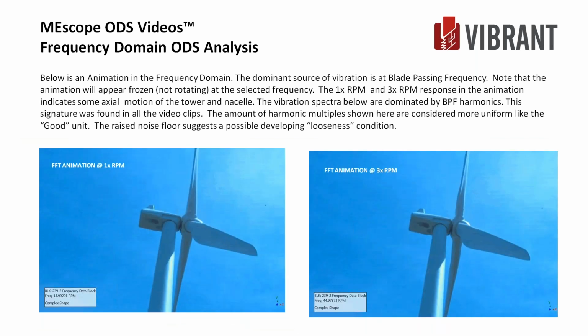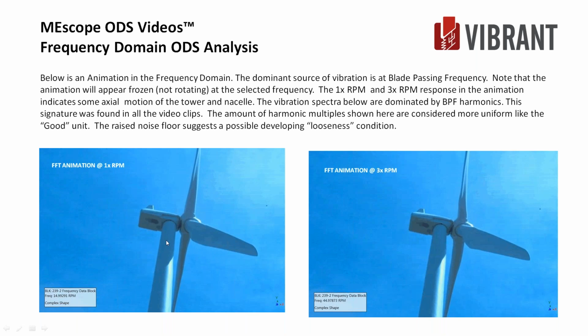This is another one that's showing blade flexure. So you can turn it in different directions. So the nice thing in the frequency domain, if you don't like this view, you can go back and forth between the time waveform and turn the blades, ratchet them around until you get an angle that you like. And this shows 1 times RPM response.